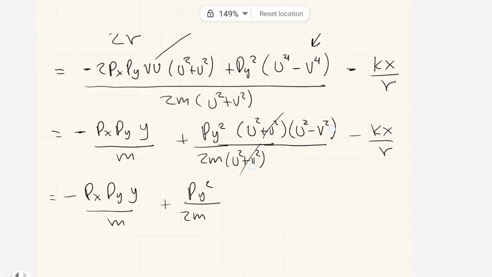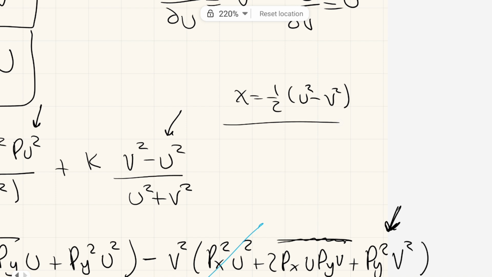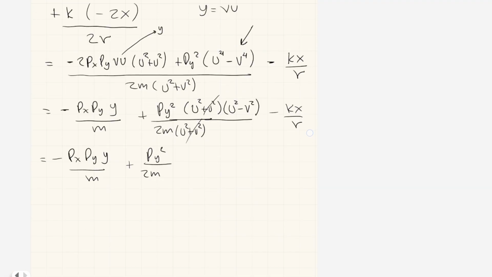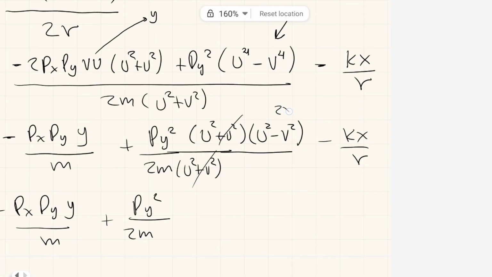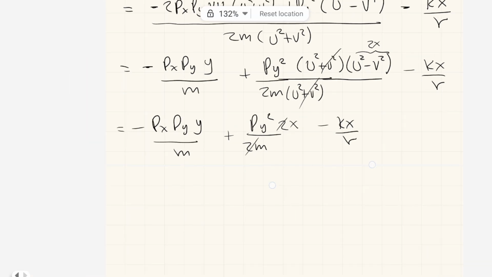Remember that we have that x is equal to this equation, and well, u squared minus b squared is equal to 2x. So this is equal to 2x. Perfect, so we will get 2x here. This cancels, and here we have minus kx divided by r.